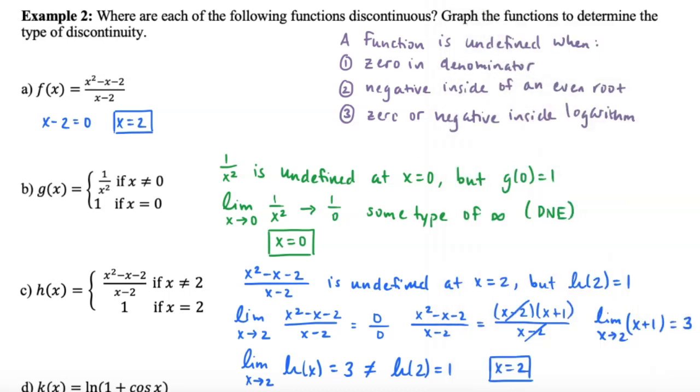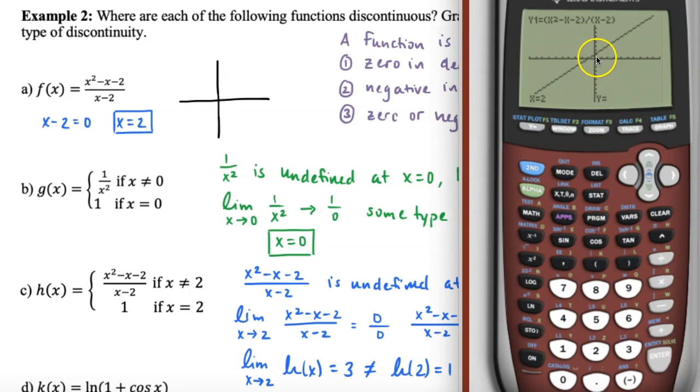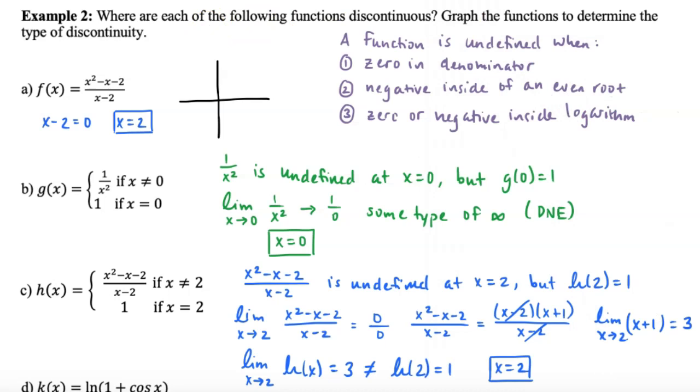And so this graph is going to look something like this. This is a line that's shifted 2 units up. And at x equals 2, I've got a hole right here.